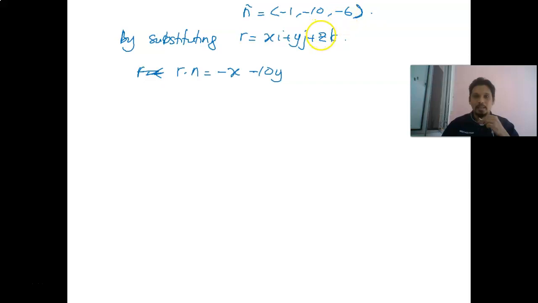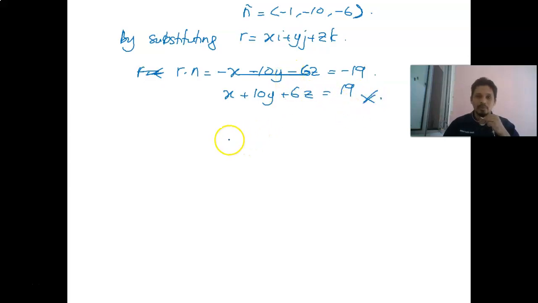And negative 6 times z, minus 6z, equal to negative 19. So then x plus 10y plus 6z equal to 19. Okay, I'm sorry for this one, it has something to do technically with the pen and the material here. Okay, so that's it. Next one.